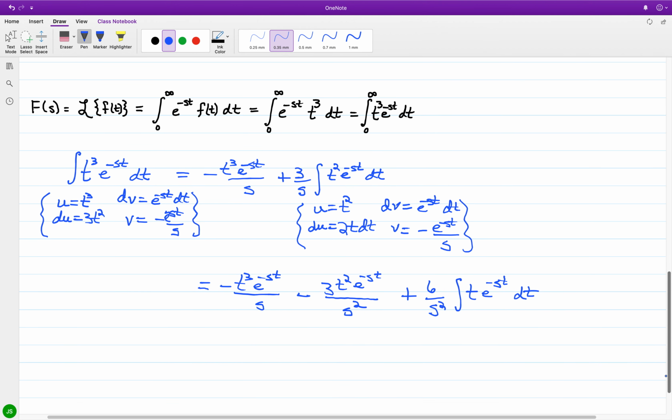And as we get closer, again we have another round of integrating by parts. So du is equal to dt, and we have this e to the negative st dt part once again.